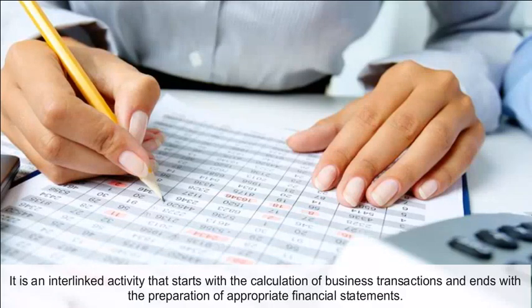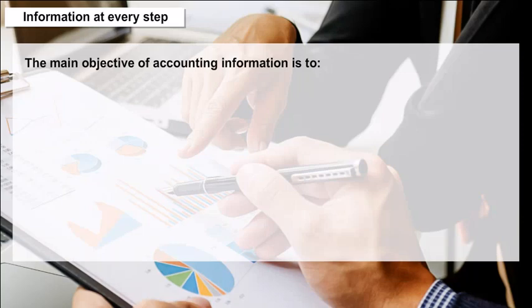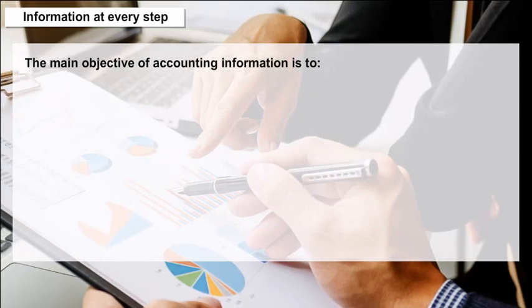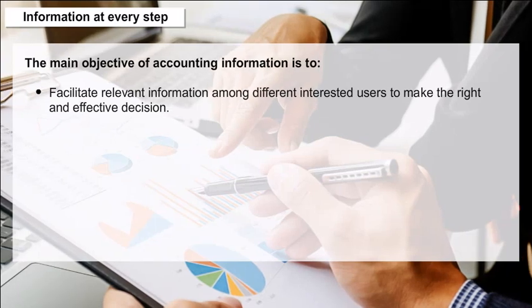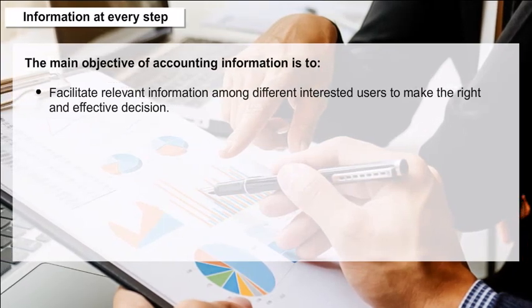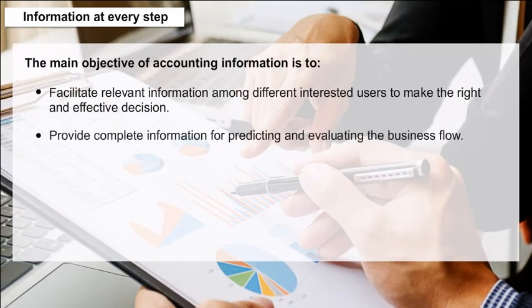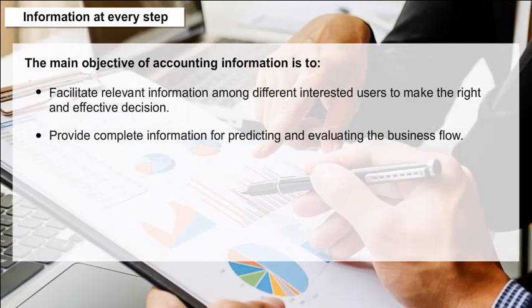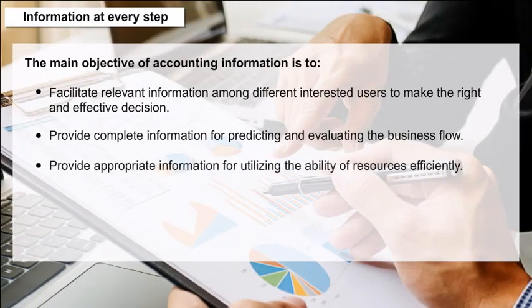Information at every step. The accounting process generates information at every step. The main objective of accounting information is to facilitate relevant information among different interested users to make the right and effective decisions, and provide complete information for predicting and evaluating the business flow.